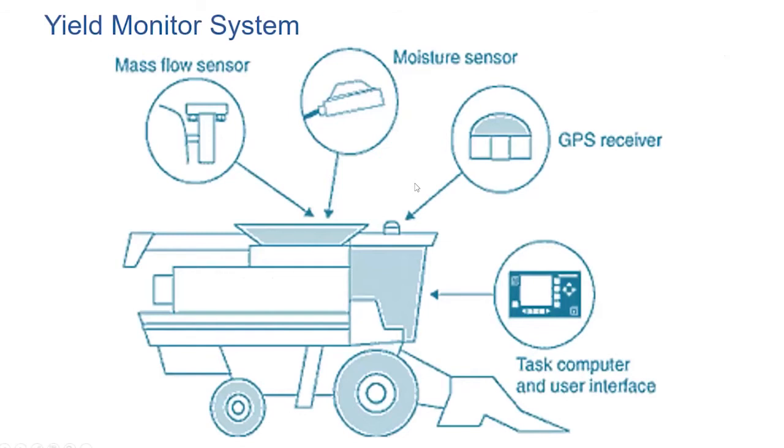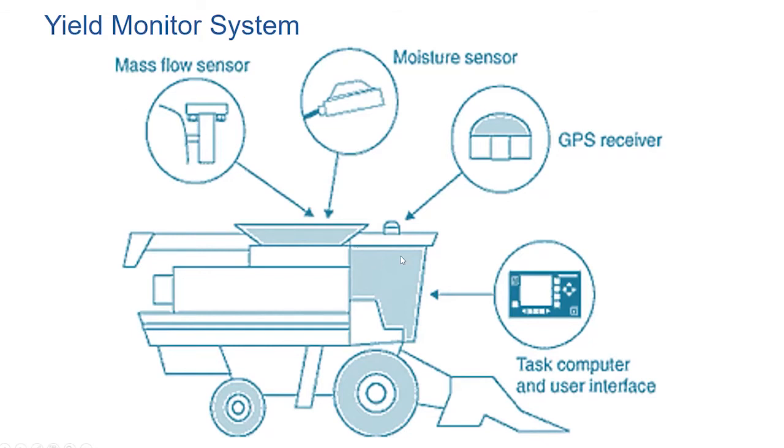So now we are done with nutrient management, and we get to harvest. We talk about the yield data and yield maps. And now we are going to talk about the yield monitor system.